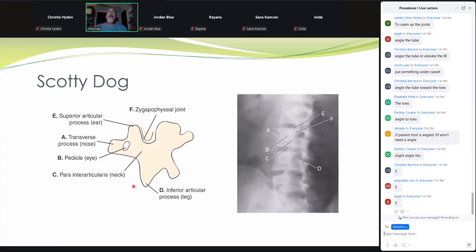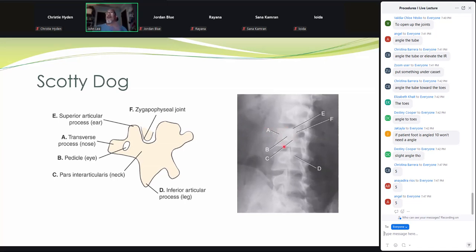Looking at our oblique lumbars. Looking for that Scotty dog sign, signifying that we've got a good oblique position of the lumbar spine. Make sure that you're able to identify the different areas here. The transverse process is, of course, the nose.